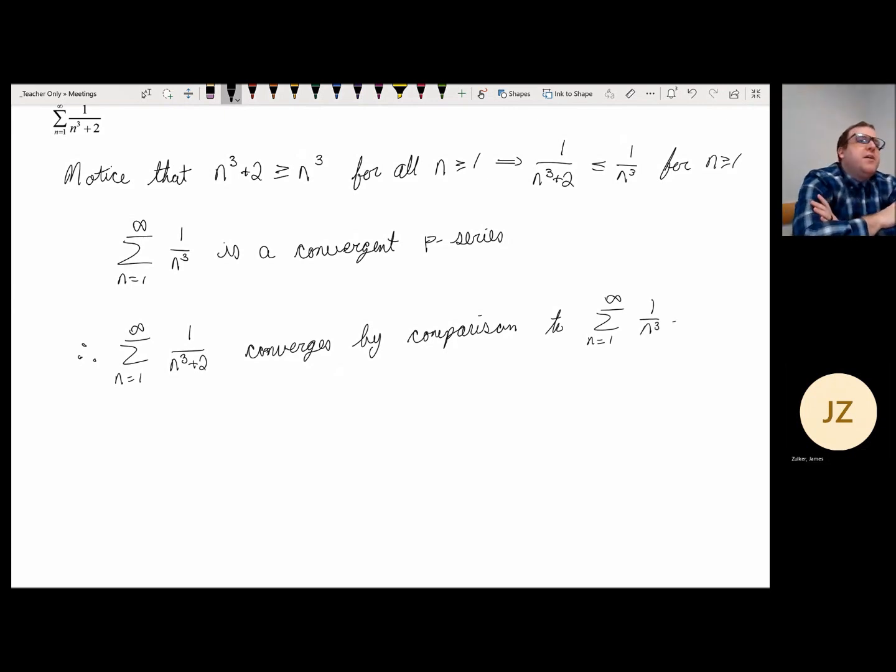So our series converges by comparison to 1 over n cubed.